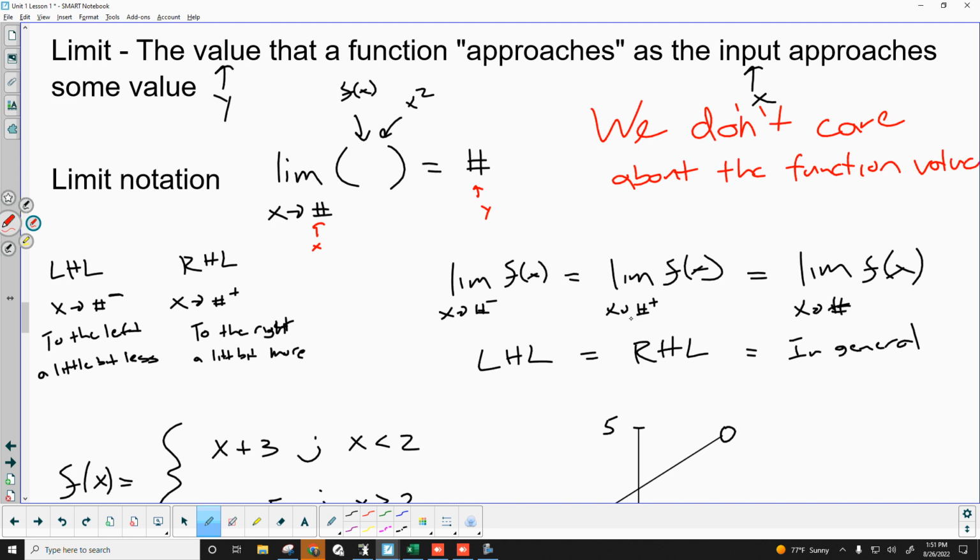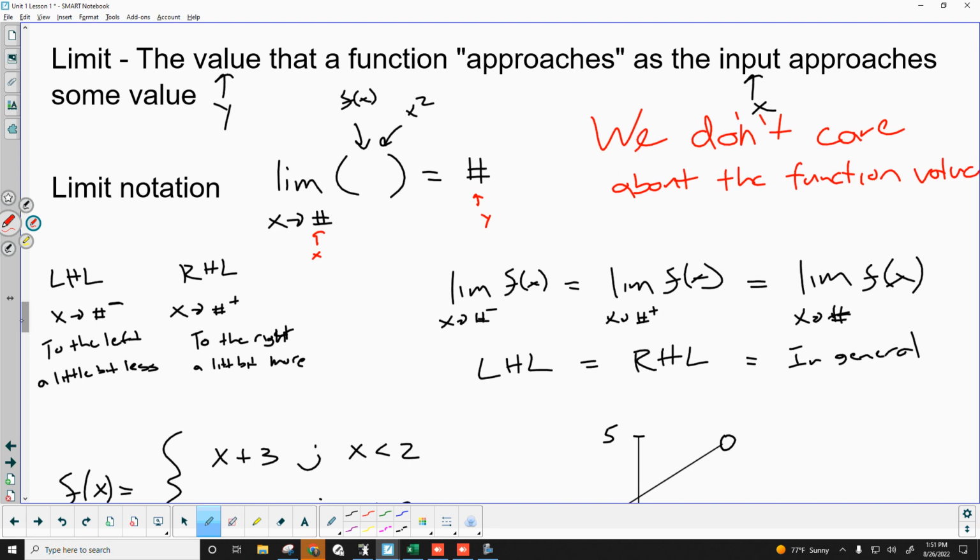So, what if, let's say, you have something like x, and the number is like 2 or negative 2, right? So it's always approaching that, like a positive thing, so it's negative 2 to 1.